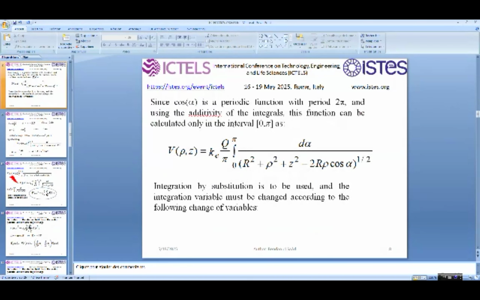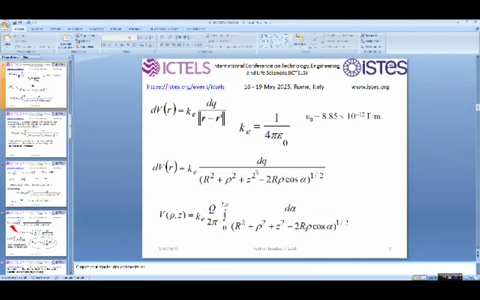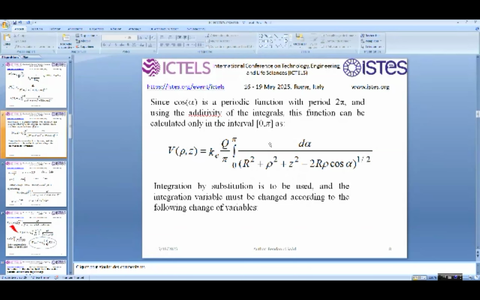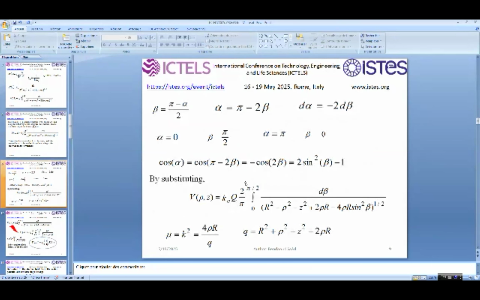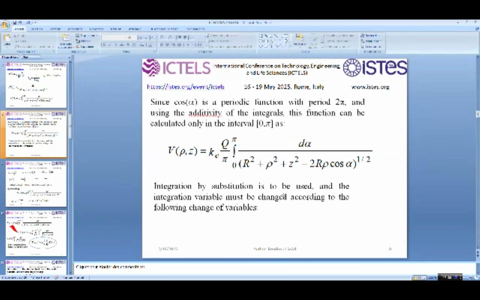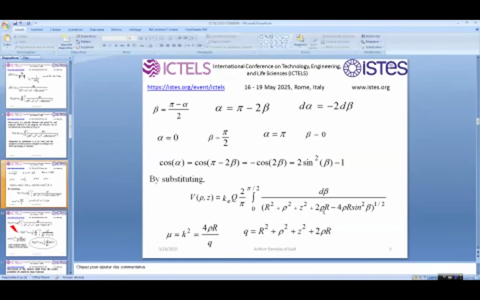Since cos is a periodic function with period 2 pi, and by the additivity of the integrals, this function can be calculated only in the interval 0 to pi, as we can replace 2 pi by pi because of this condition. With integration by substitution, using this change of variable, and substituting each variable in this function, we find this form.